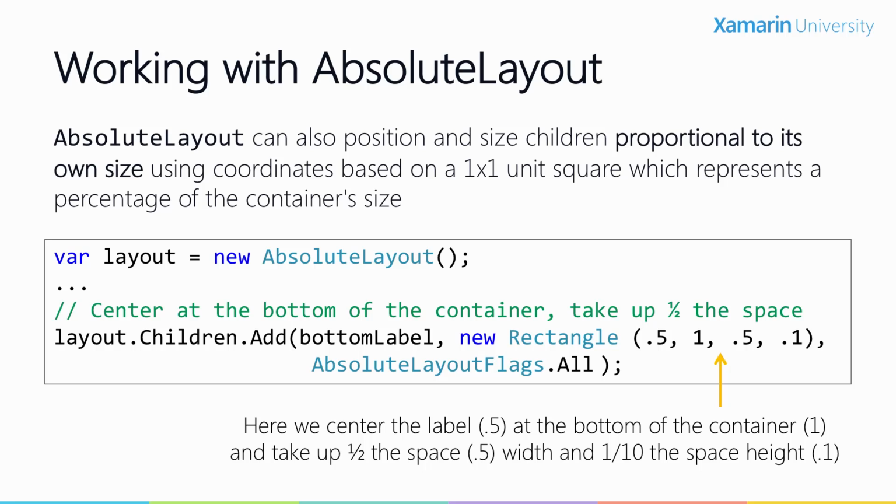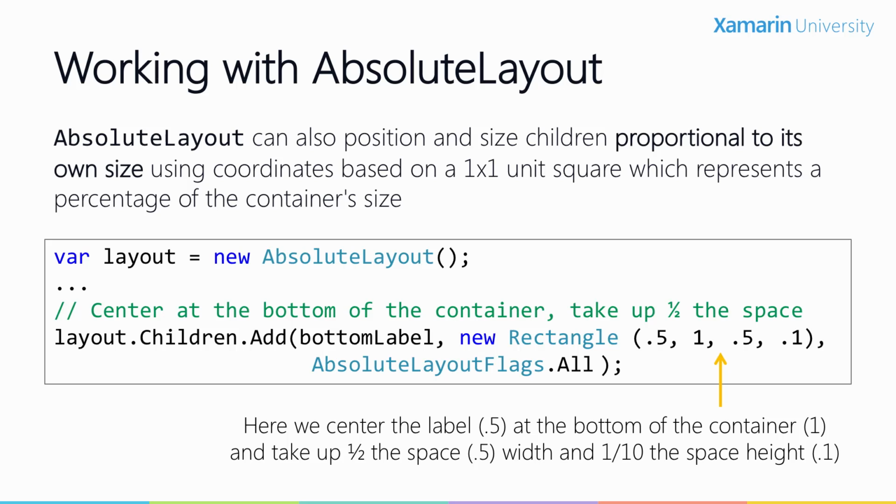Here's one that is, again, using point or rectangle. Difference this time is the coordinate system. So here all our values, they range from 0 to 1. The rectangle that we're using here is X, Y, width, and height. And all of these can be used proportionally. The last parameter that we pass in here, those are flags, and we can mix and match absolute coordinates and proportional ones.